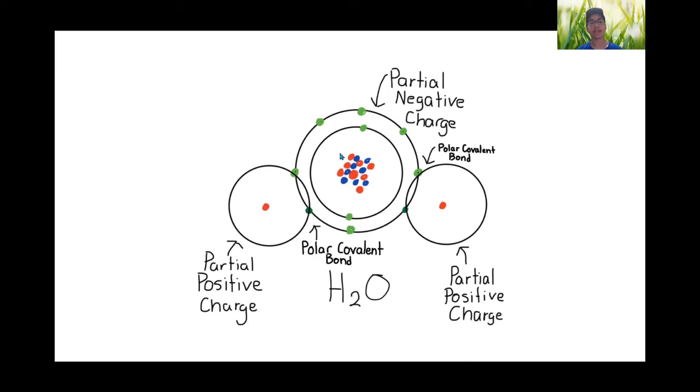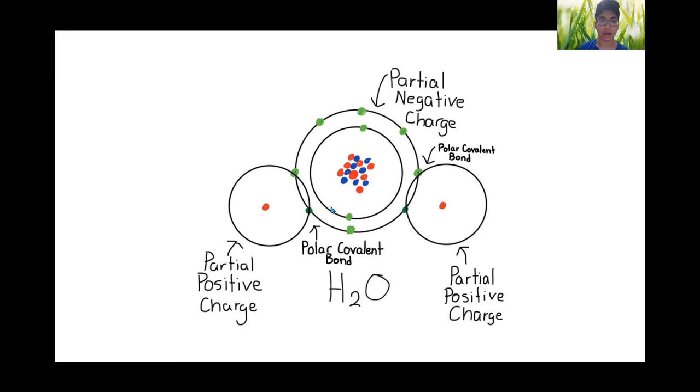However, because it now is partially gaining an electron because, even though it's shared, it's getting to spend more time with the shared electrons than hydrogen is, it's kind of like it's partially gaining negative charge. Therefore, oxygen now has a partial negative charge.